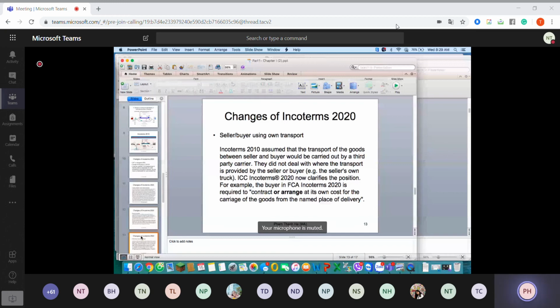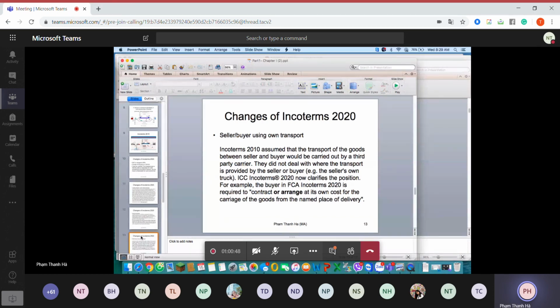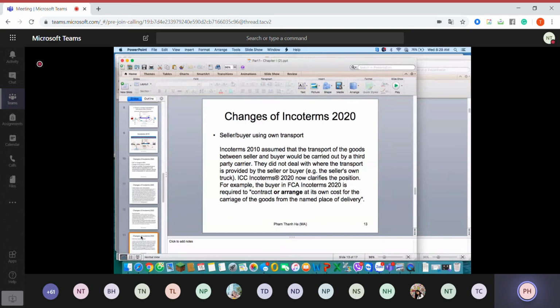And also for the Incoterms 2020, fortunately, lucky us, if we apply the Incoterms 2010 or Incoterms 2000 only, sometimes it's very difficult to arrange the transportation between the seller and the buyer, or we need to clarify who will gain transportation rights between the seller and the buyer.